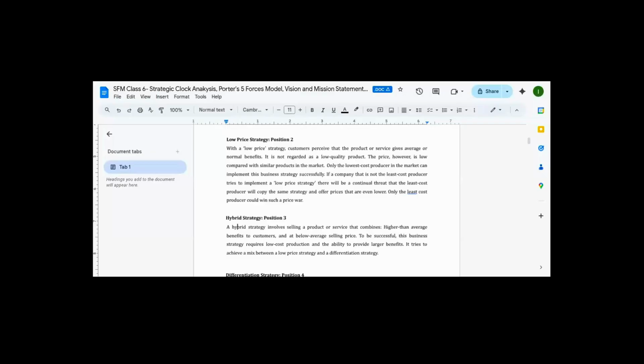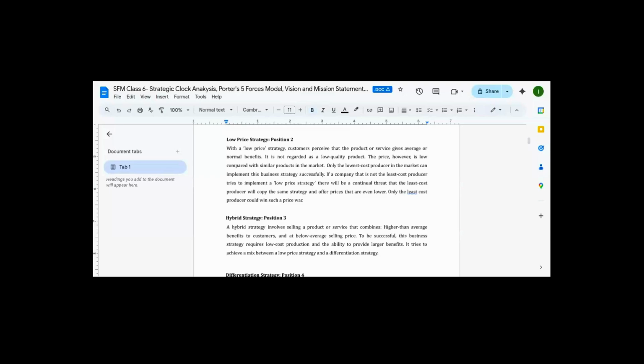So when you are using hybrid strategy, we are informing you that it involves the use of two strategies to create value to customers, create customer satisfaction, and gain competitive advantage. So those two strategies involve the use of price and any strategy of choice that the company likes and which is approved by the board of directors.